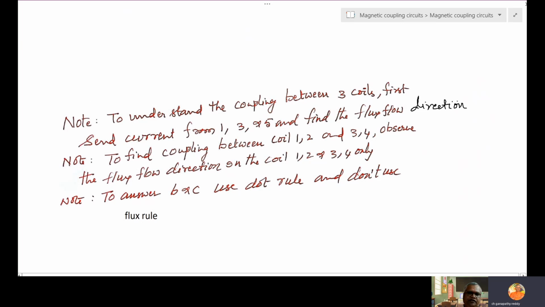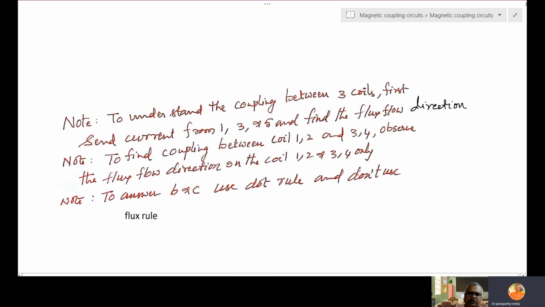Then, with the help of the flux flow direction, understand the coupling. To find the coupling between coils 1, 2 and 3, 4, for example, observe the flux directions in coils 1, 2 and 3, 4 only. If they are in the same direction, keep the dot where the currents are entering. If the flux is opposite, keep the dot on the other side.